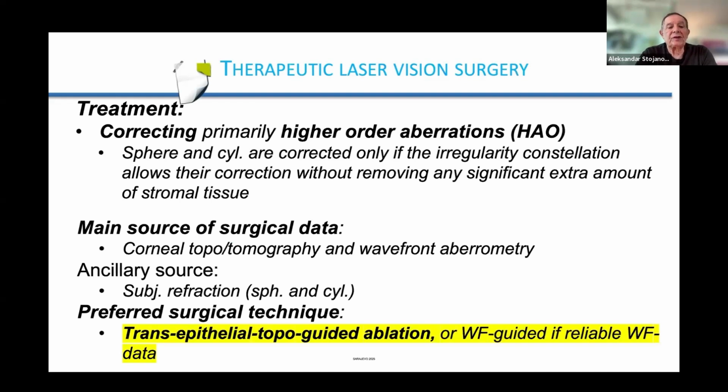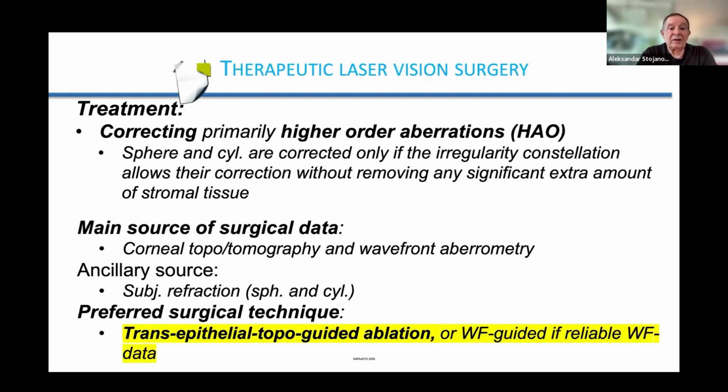The main source of surgical data are objective measurements by corneal topography, tomography, and wavefront aberrometry, while subjective refraction is used only as a kind of modifier of our ablation plan.